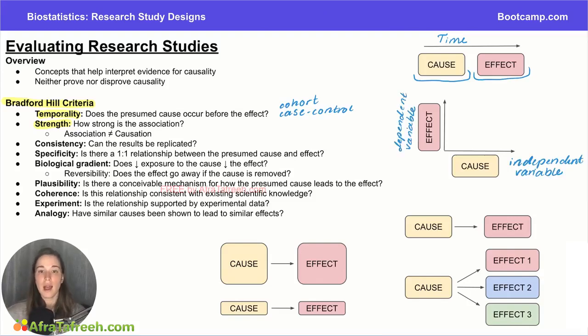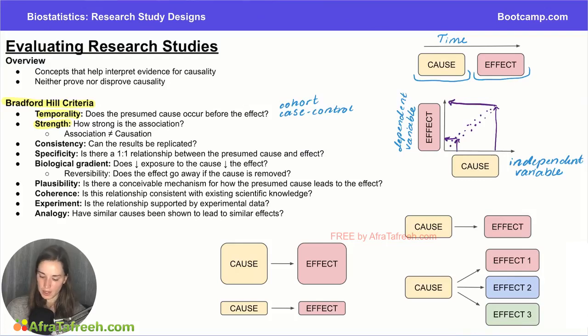So if you're looking at different levels of your independent variable, and you notice a relationship that looks like this, so I'm plotting a scatter plot of all of the data points, you can see that for data points with a lower level of the independent variable, they also have a lower level of the dependent variable. And then for data points with higher levels of the independent variable, there's also a higher level of the dependent variable.